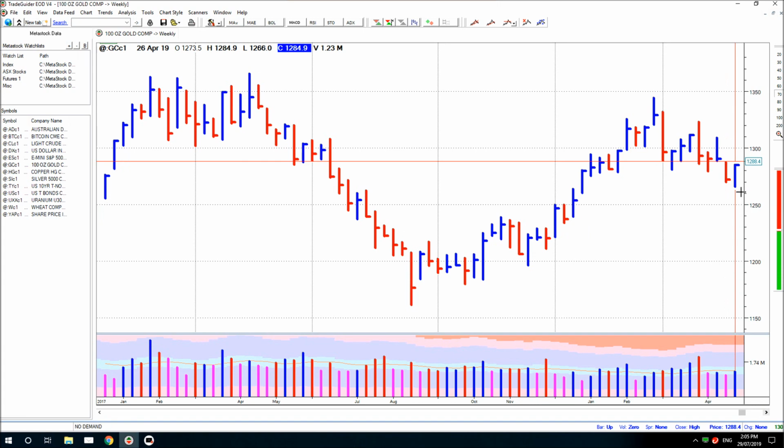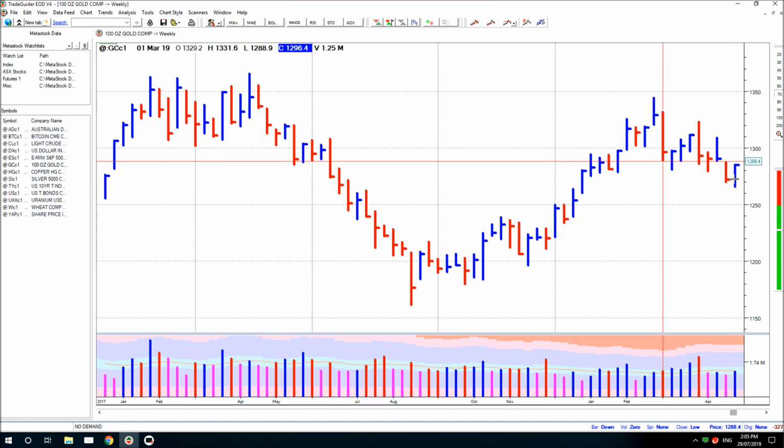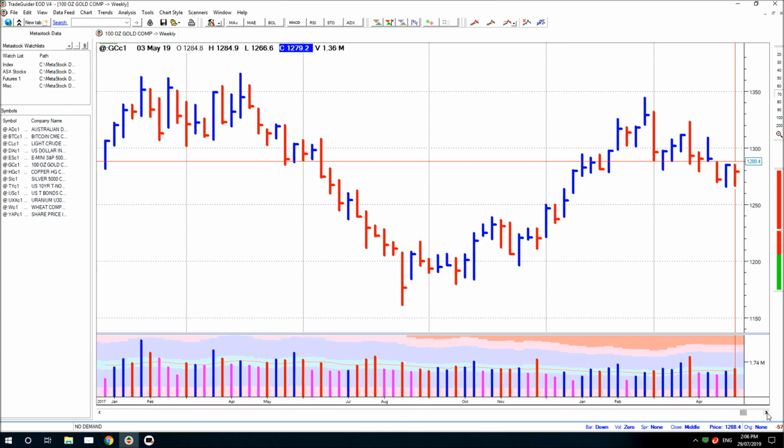And in response, price pushed up again. It dipped below the low of this bar, but it didn't continue lower. Instead, it recovered. So there is some support in the market, but price wasn't able to close back above this level that we've marked. So there was modest support in the market, but it didn't continue to break down. So there was no downside follow through. That was the important thing at this point.